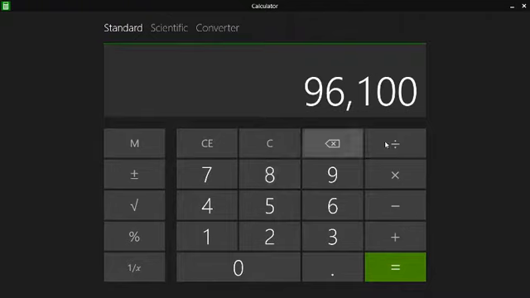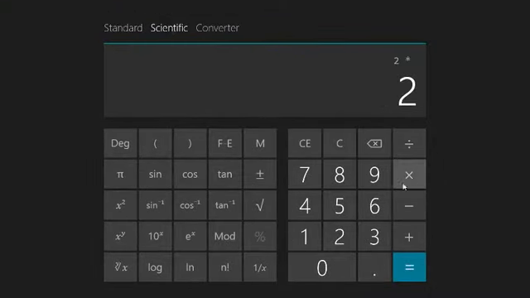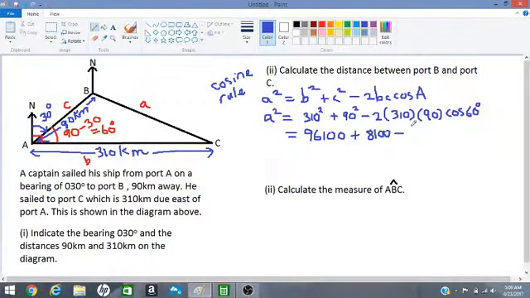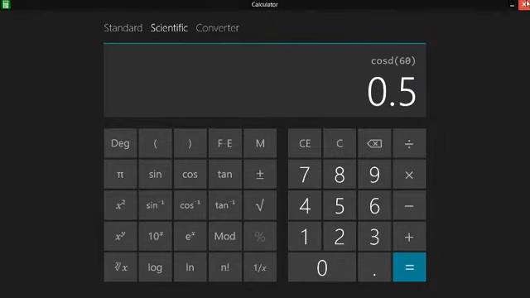Let's work that out. 55,800. And cosine 60. Let's do that in our calculator. Scientific calculator. We get 0.5.